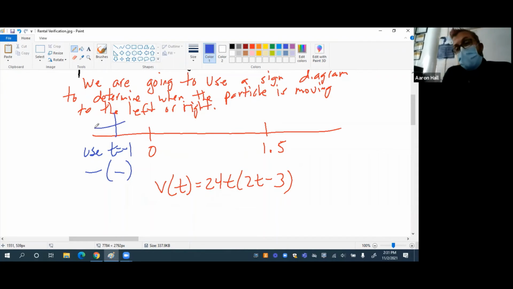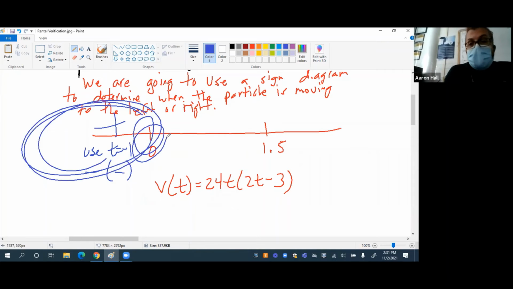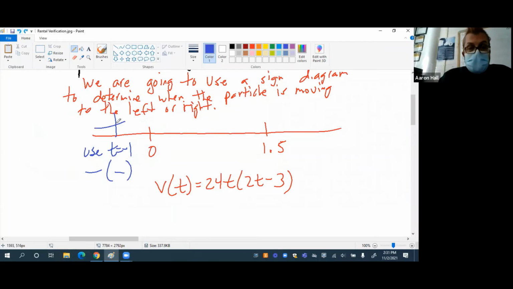So for this interval here from negative infinity to 0, is the particle moving left or right? It's moving right. How do you know it's moving right? It's a positive velocity. Because it's a positive velocity, it's moving to the right. Give me a number that would be representative of this interval.